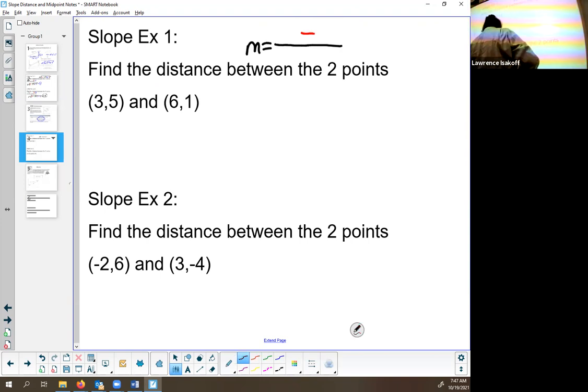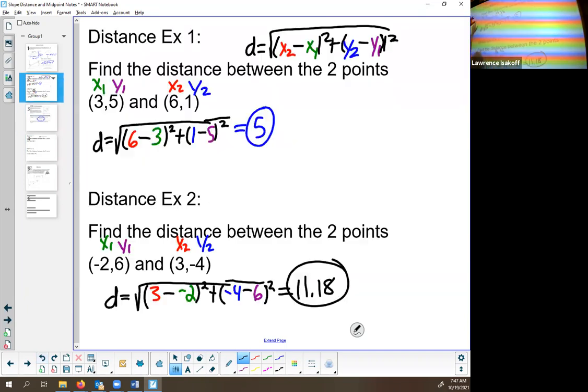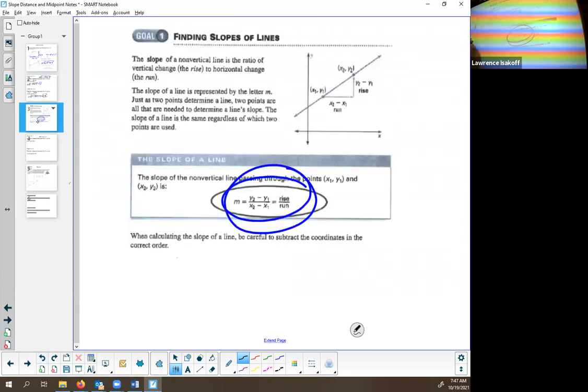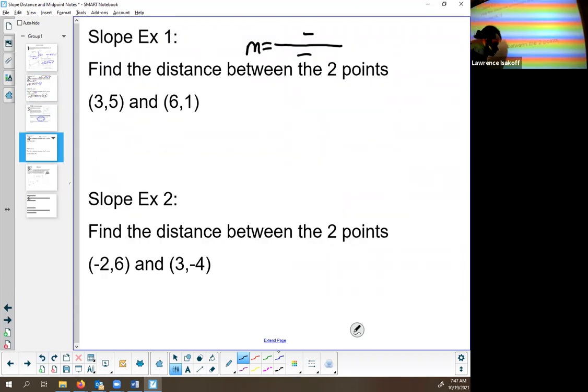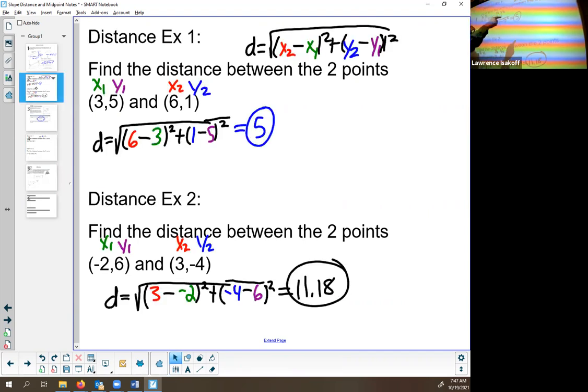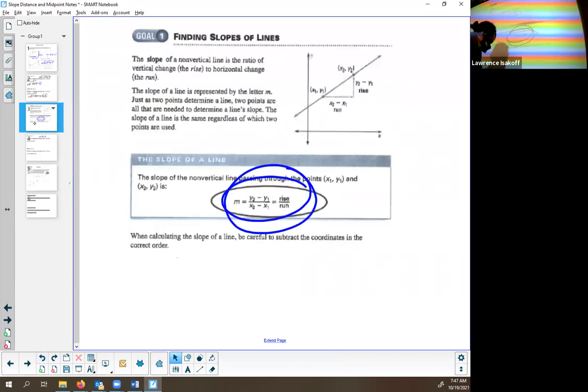So they're both going to be subtracted. So coloring scheme was blue then purple. So that's going to be y2 minus y1. And then that's over x2 minus x1, so red and green.